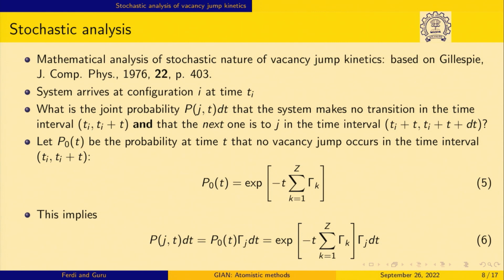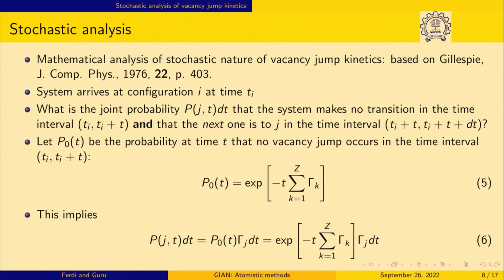So, the system makes no transition in the time interval Ti to Ti plus T, and the next transition it makes is to state j, and it has to make that within the time interval which is only increased by dt. So, if P0(t) is the probability at time t that no vacancy jump occurs in the interval, and this is where they refer to Gillespie's paper, that it is exponential of minus t times the summation k equals 1 to z of gamma k.